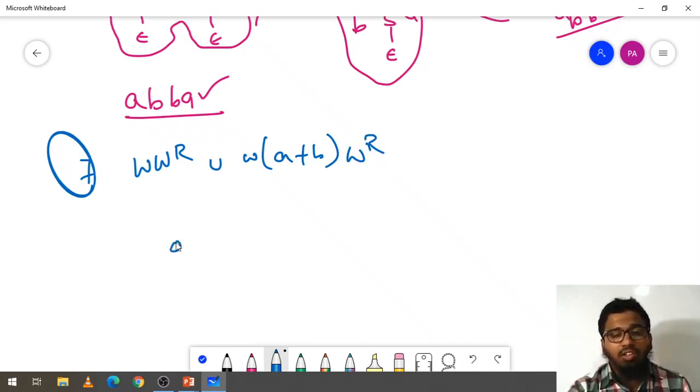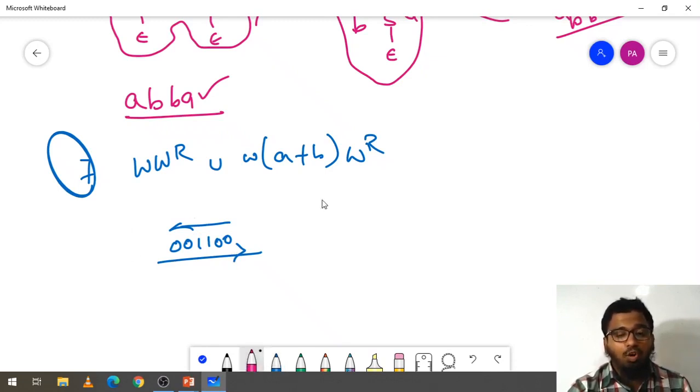If you write 0 0 1 1 0 0, you can read it from here or from here, and it will be the same: 0 0 1 1 0 0. This is called a palindrome.